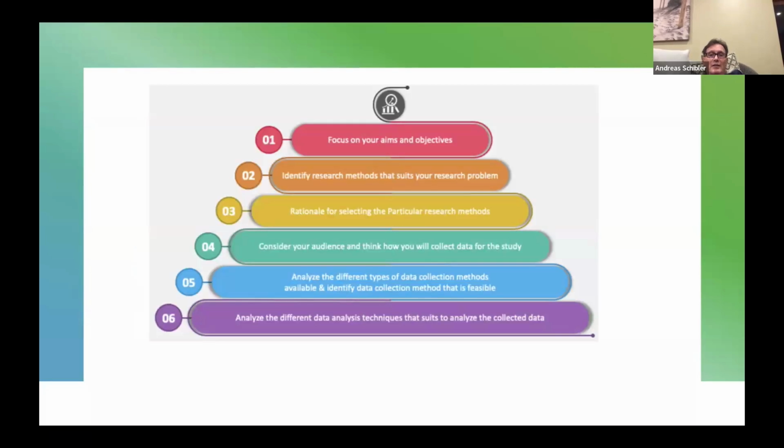So in the end, focus on your aims and objectives. Identify the research methods that are suitable for your research problems in your context, and rationalize why you're selecting the particular research methods for your context. And think about who you want to relate the question to.